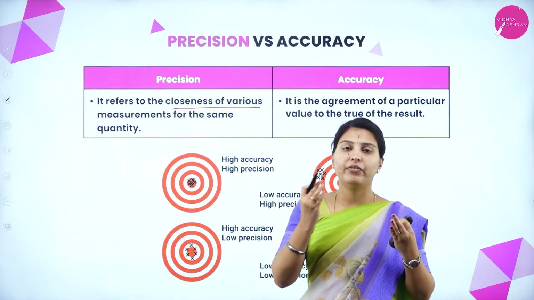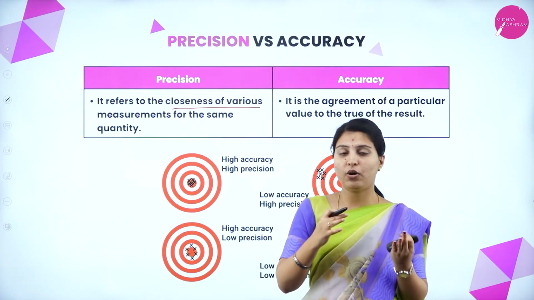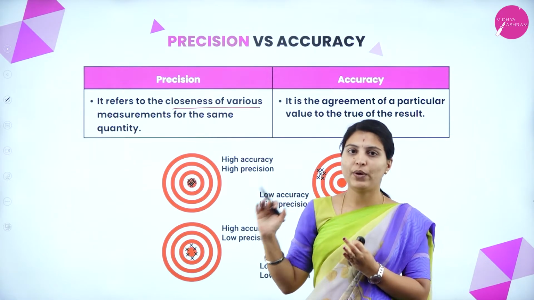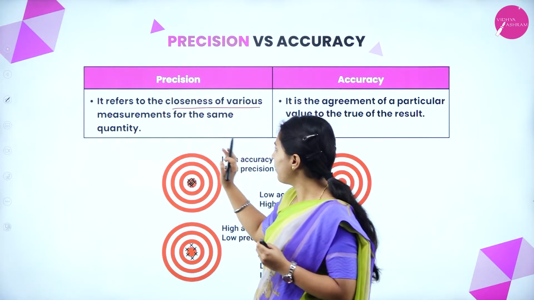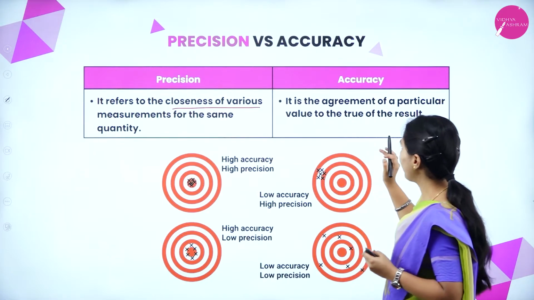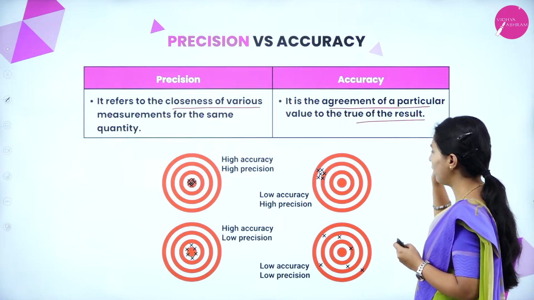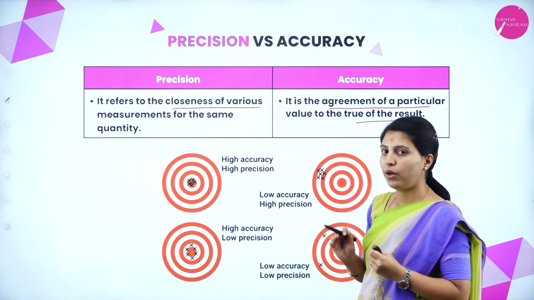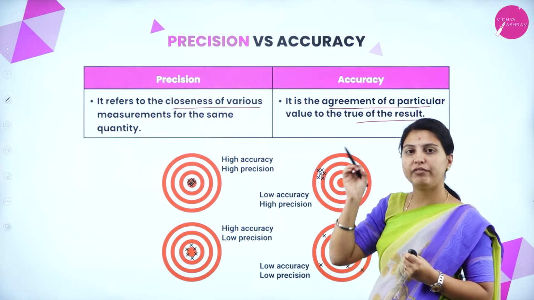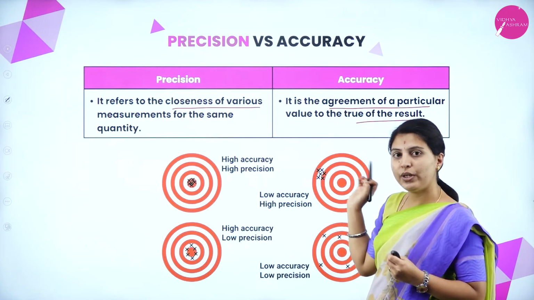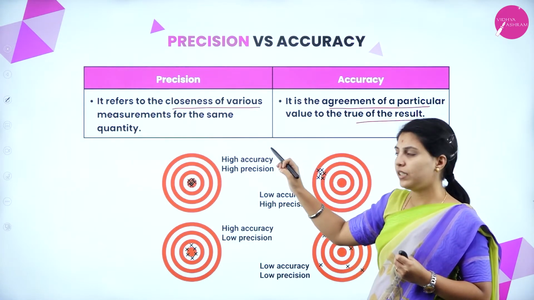It may be correct or wrong, but all the measured quantities are in one group. That is called precision. What is accuracy? It is the agreement of a particular value to the true value of the result.